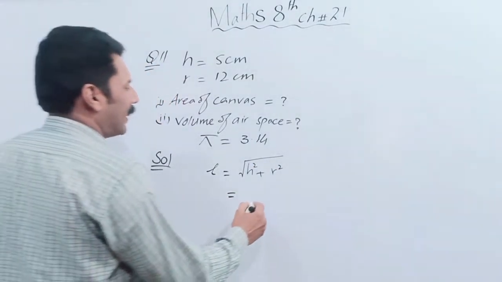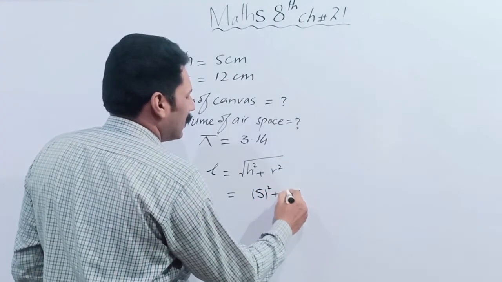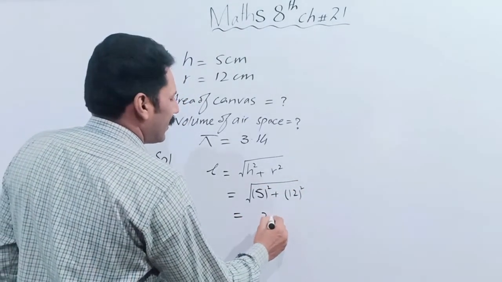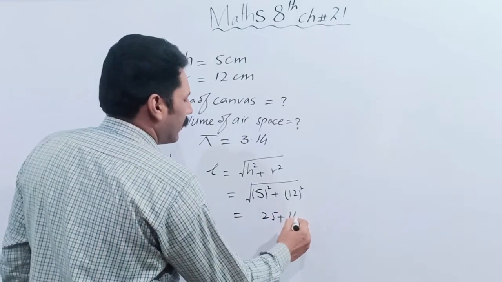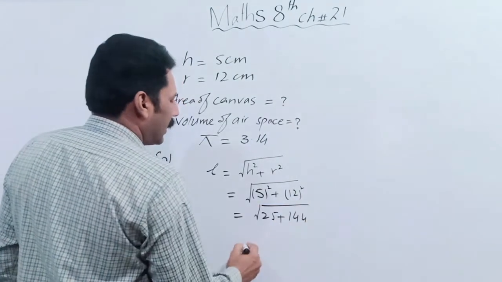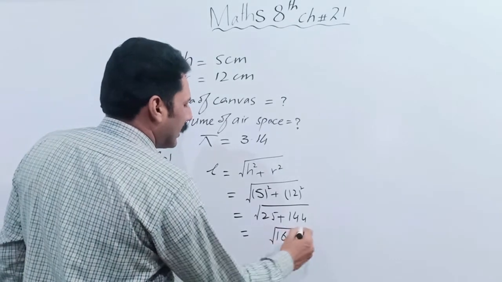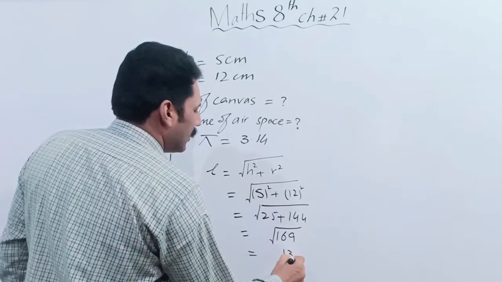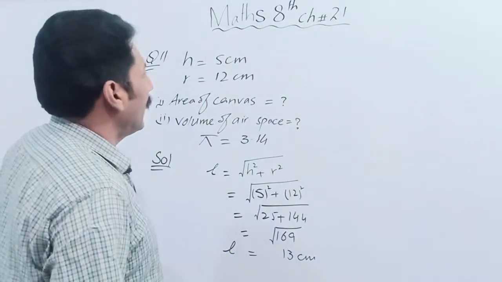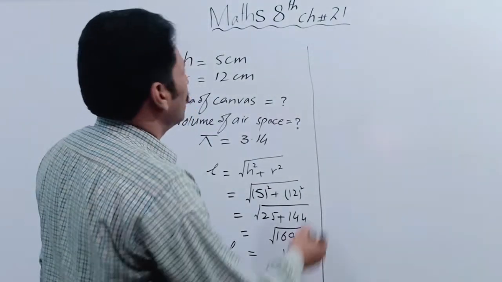The value of h is 5, square of 5 plus square of 12 and then square root. Now 25 plus 144, because the square of 12 is 144, and adding these two, it will be 169, and the square root of 169 is 13. So now we have L with us.